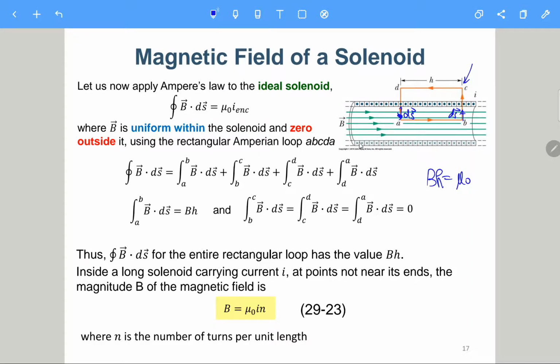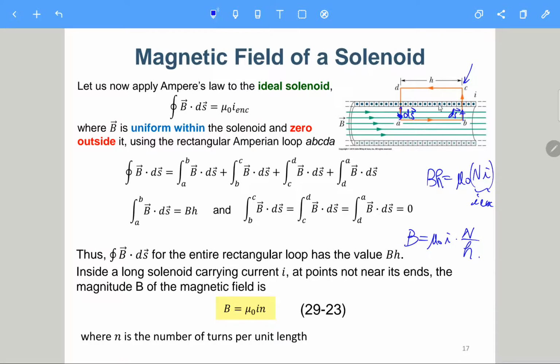If the current of this solenoid is I, we have in total N times I. This is the I enclosed, and of course it becomes B equals mu 0 times I times N over h.